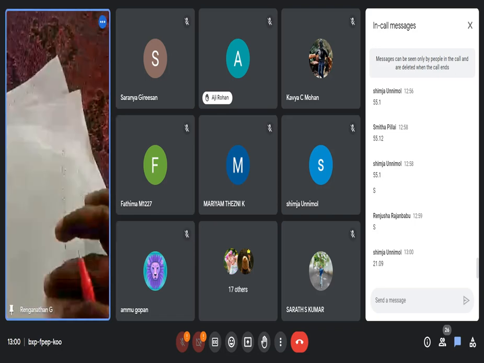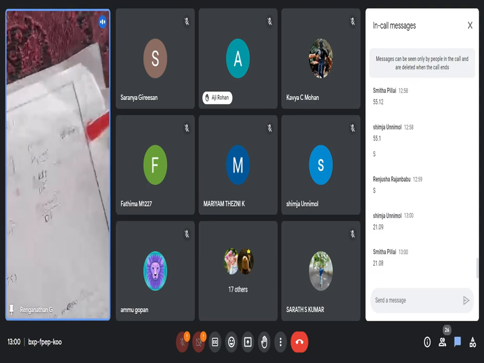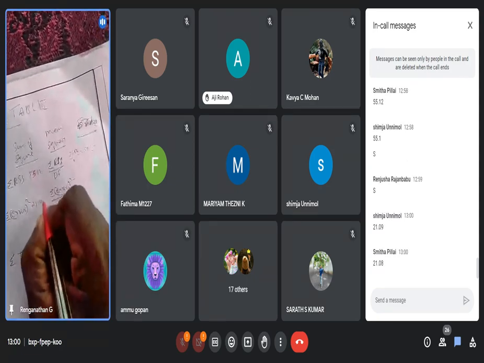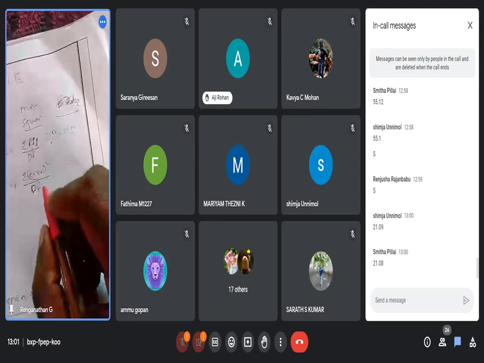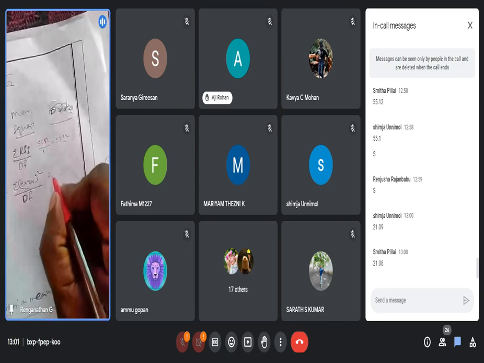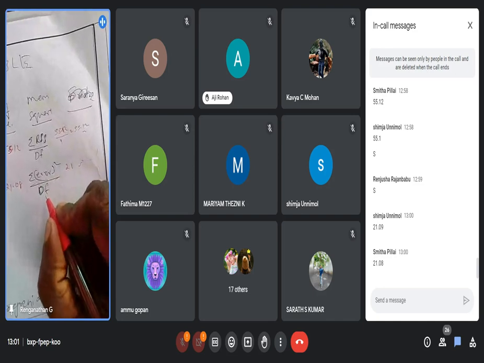It is 21.08. Somebody shows it as 08. I am writing this as 21.08. Okay. Now, sigma error square divided by degree of freedom. See this formula? Sigma error square divided by degree of freedom.